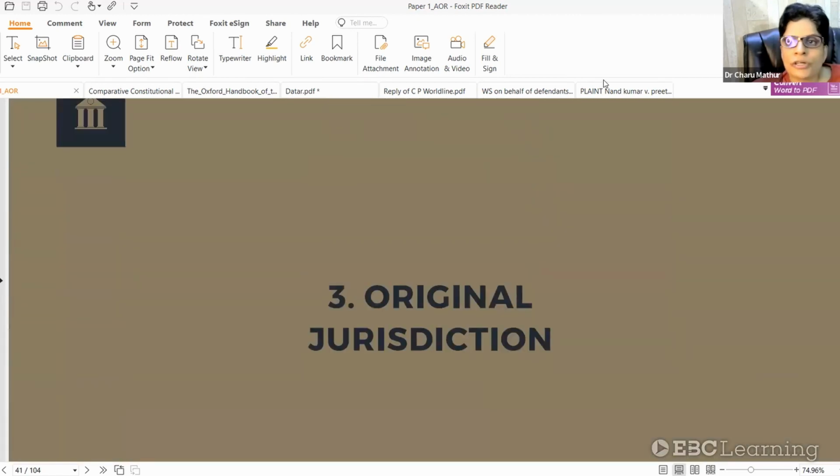Now, as far as Article 132 of the Constitution is concerned, if you read it, it provides that an appeal shall lie to the Supreme Court of India from any judgment, decree or final order of the High Court in the territory of India, in a civil, criminal or other proceeding, if the High Court certifies under Article 134A that it is a case which involves a substantial question of law as to the interpretation of the Constitution.